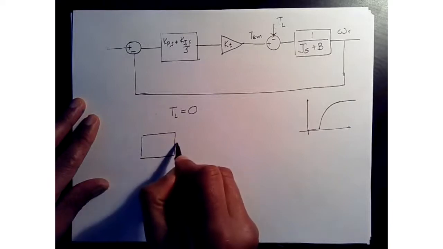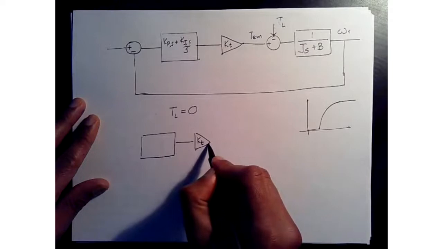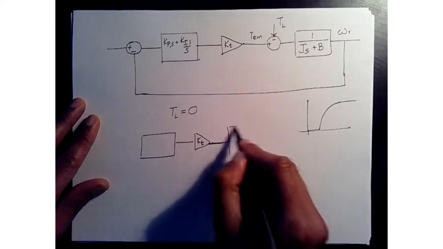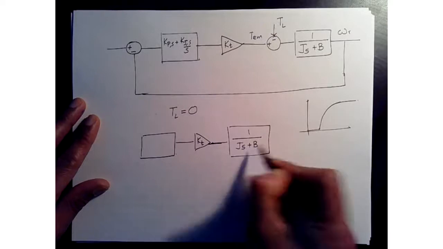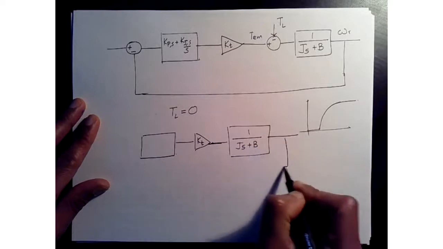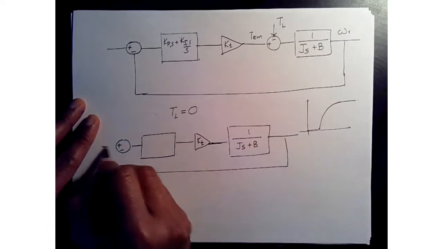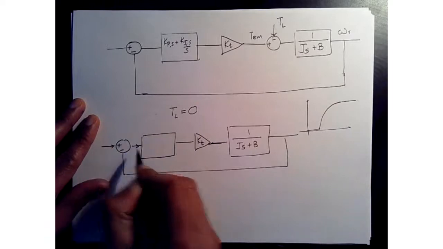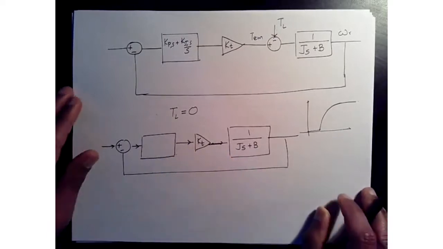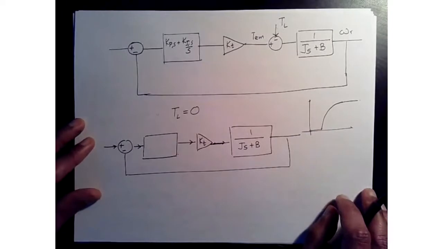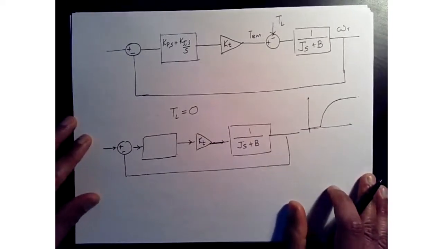We're going to have the controller, we'll have KT, we have 1 over JS plus B, right? So we have a very convenient system now that we can design our controller.